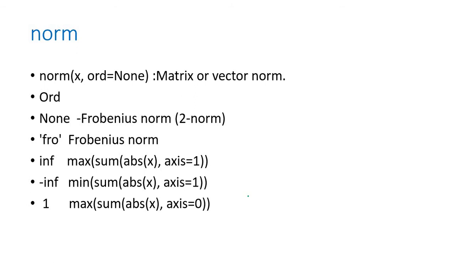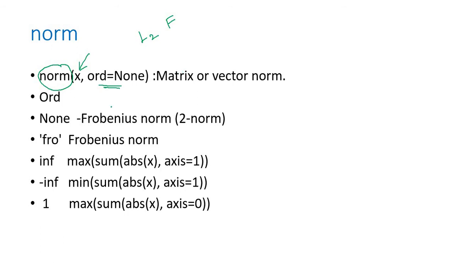Again, norm is a very important operator in linear algebra. In Python the syntax is norm of the input for which you are going to take, then the order. If you don't specify anything, by default it will calculate the L2 norm, or 2 norm, or it calculates the Frobenius norm.